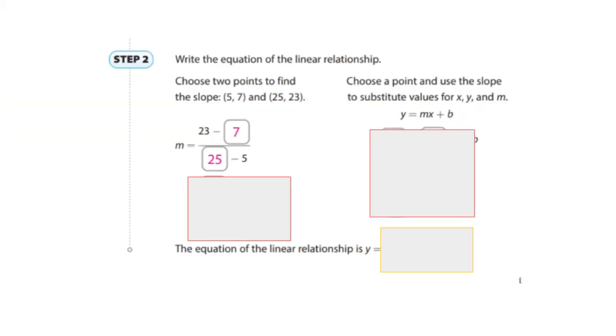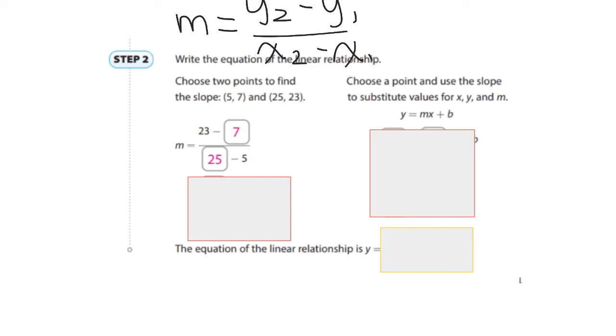On step 2, they want us to write the equation of the linear relationship. And they've chosen to use the method that I talked to you guys about in class: m equals y2 minus y1 over x2 minus x1.